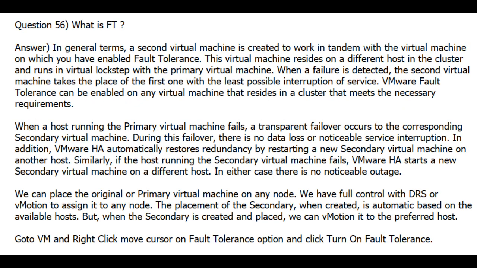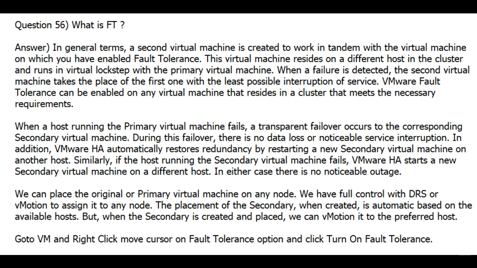Question 56. What is FT? Answer. In general terms, a second virtual machine is created to work in tandem with the virtual machine on which you have enabled fault tolerance. This virtual machine resides on a different host in the cluster and runs in virtual lockstep with the primary virtual machine. When a failure is detected, the second virtual machine takes the place of the first one with the least possible interruption of service.